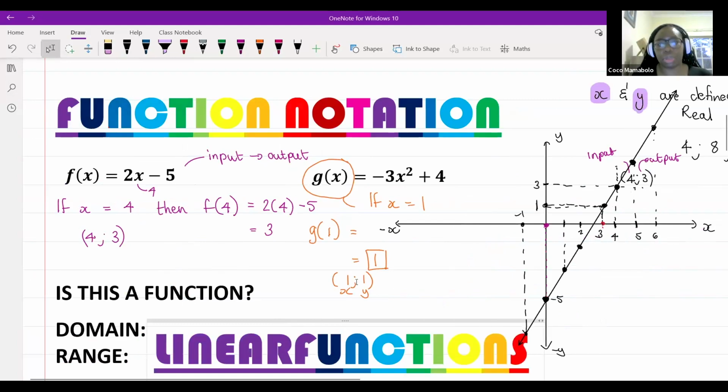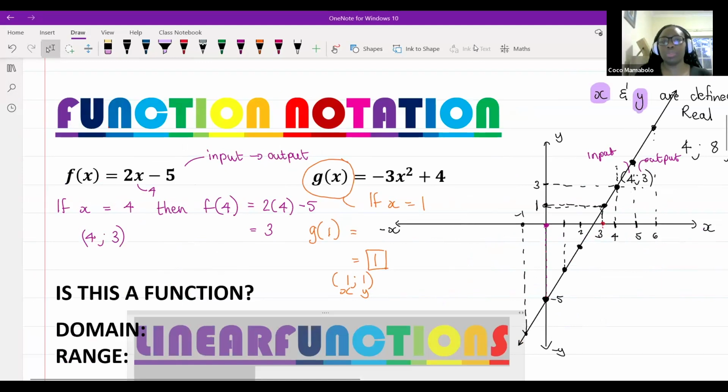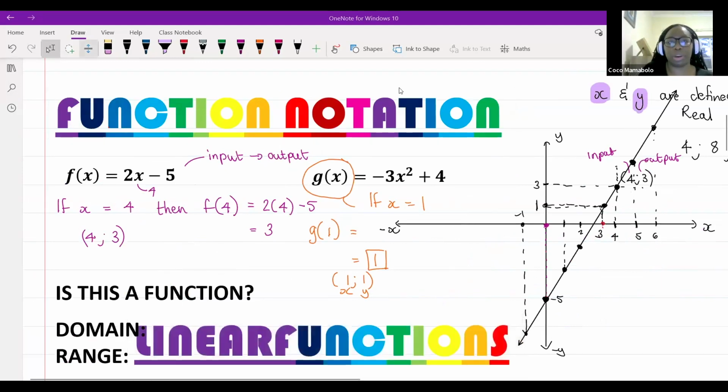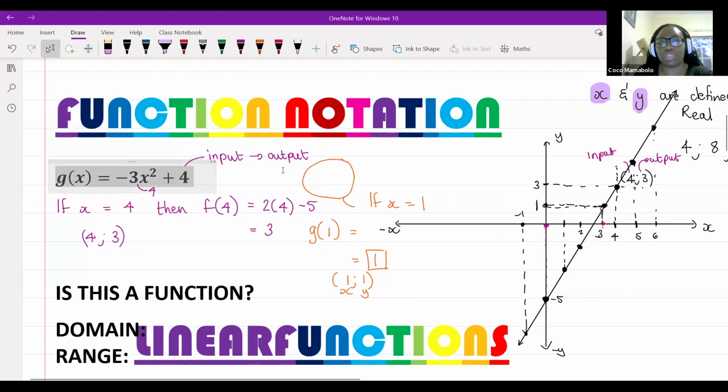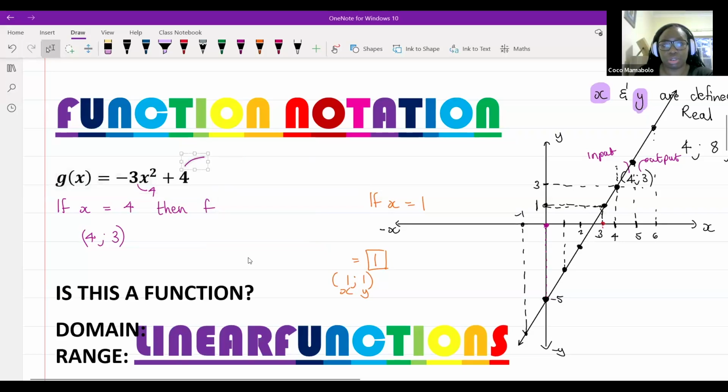Okay, so let's look at g of x. All right, so we've spoken about f of x. I'm going to remove it, because g of x is also a little bit interesting. Let's talk about g of x in terms of input and output.